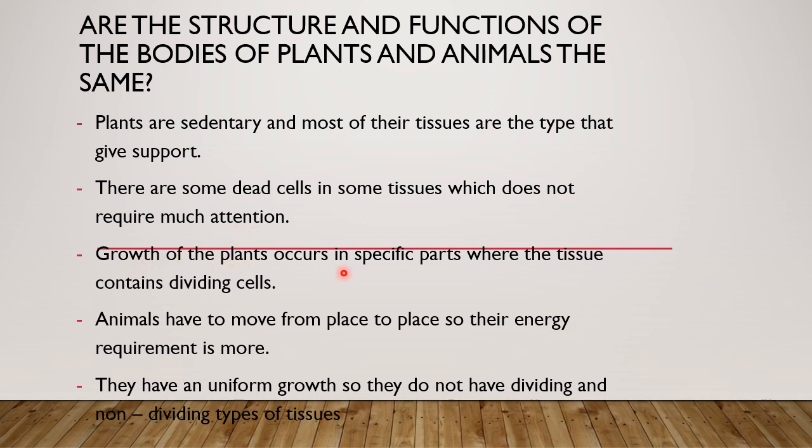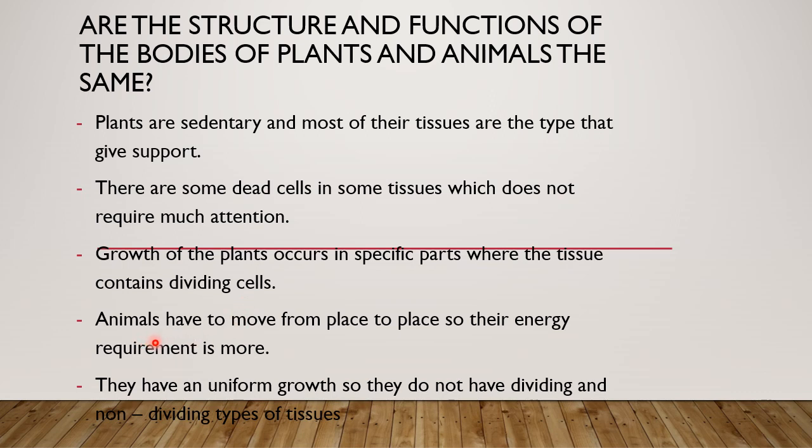Growth of plants occurs in specific parts where the tissue contains dividing cells. Wherever the tip of the plant grows bigger and bigger, the meristematic tissues, as I said in the previous slide, would be present at those places where dividing of cells is required, so that the plant grows in that particular part.